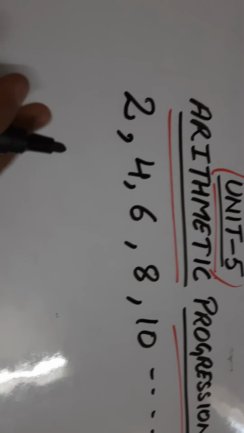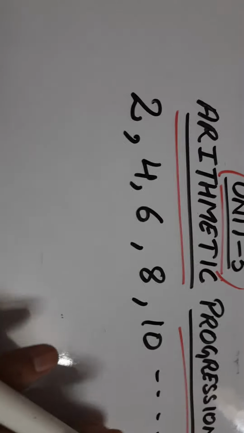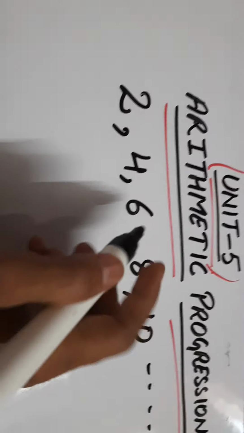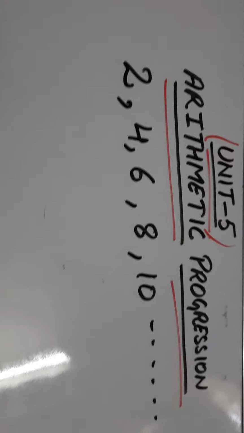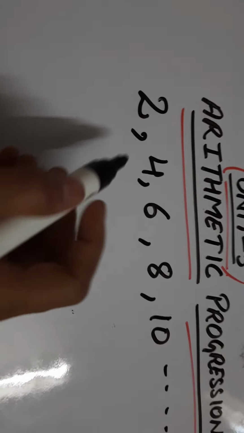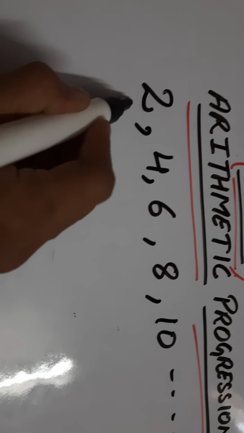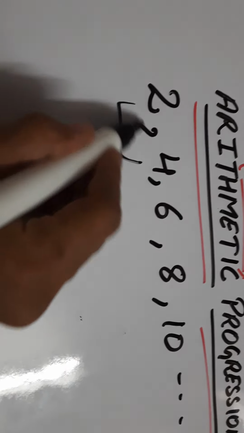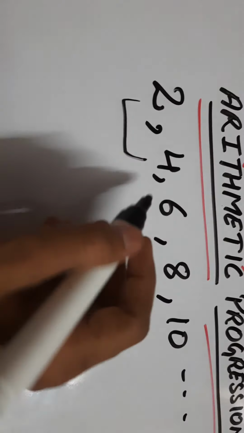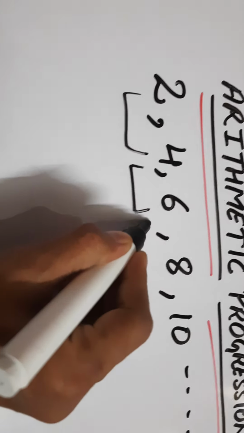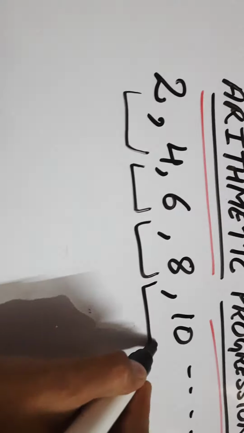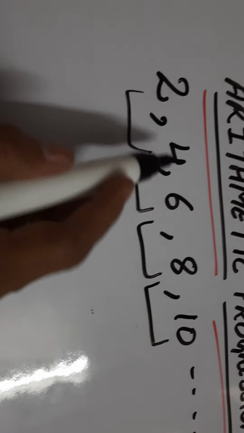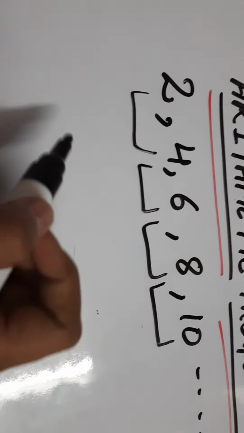Dear students, why is this series known as arithmetic progression or AP series? Because the difference between two consecutive terms of this series is constant.